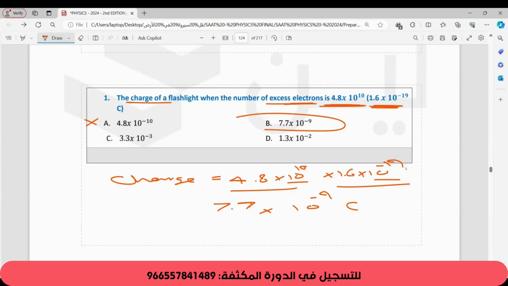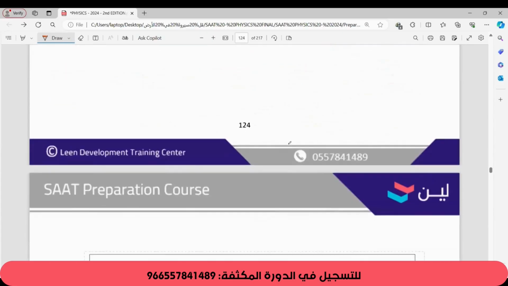We multiply by the charge of one electron. If we multiply this charge of one electron by this many electrons, it gives me the total charge of all of these electrons. That's the meaning of it. So 7.7 times 10 to the power minus 9 is the total charge, and 1.6 times 10 to the power minus 19 is only the charge of one electron. Okay, that's great.